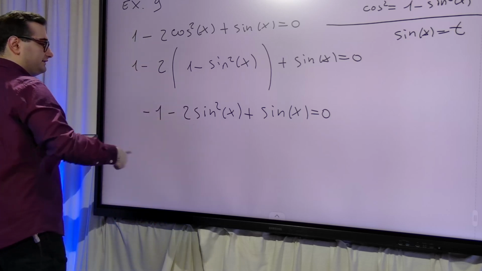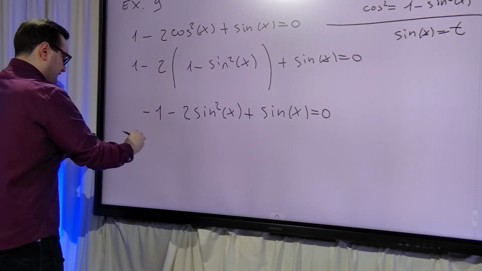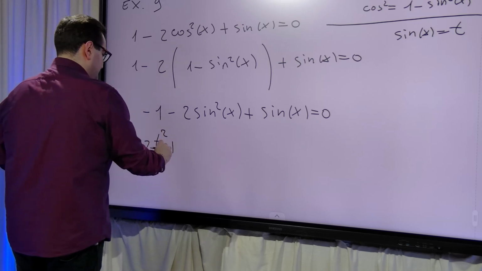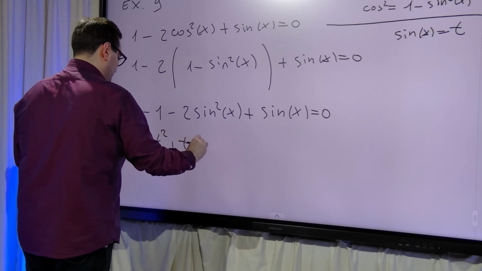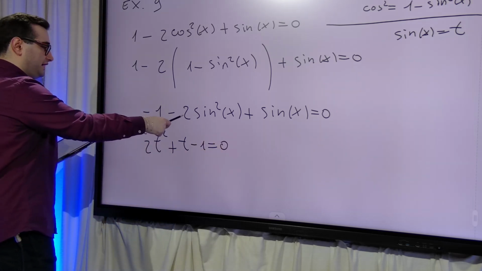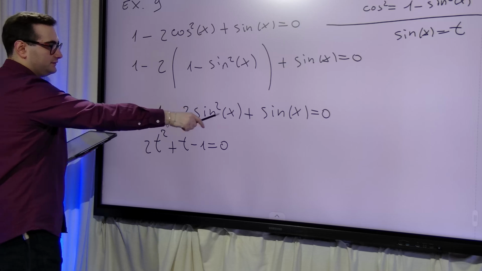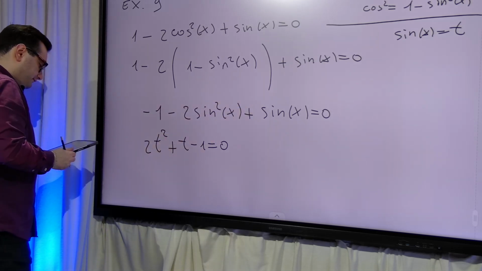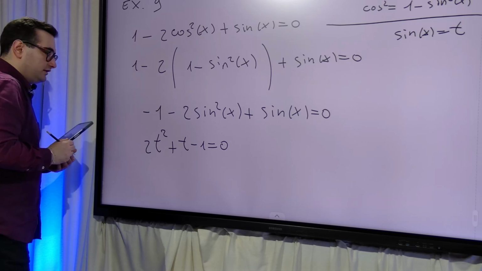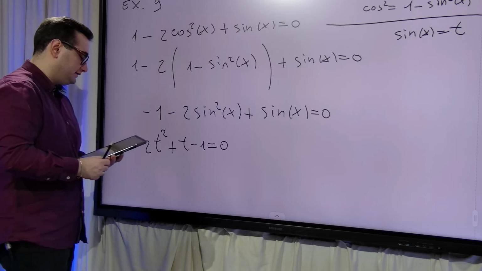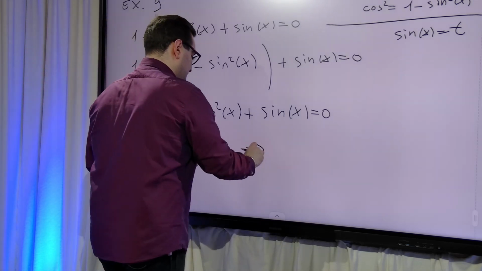So I can write this equation as 2t squared plus t minus 1 equals 0. I wrote it like this. This is again a second order equation that can be solved like this.